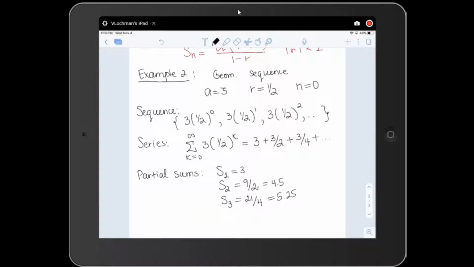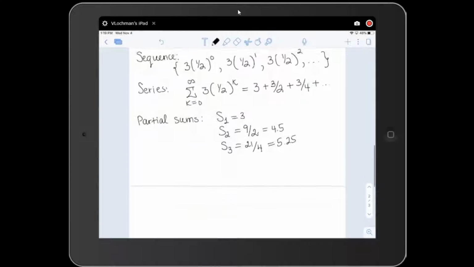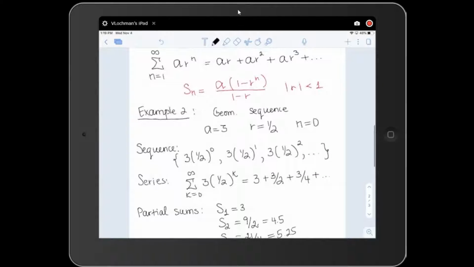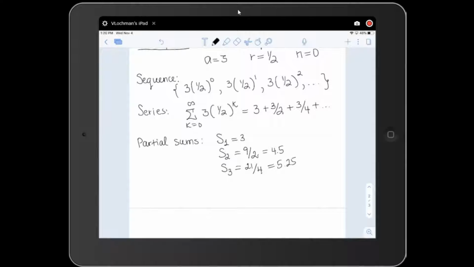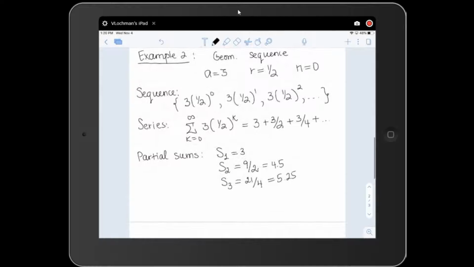Good question. Now we know that if r is less than 1 in absolute value, then we can find the limit of the partial sums. What would that be? Let's take a look.